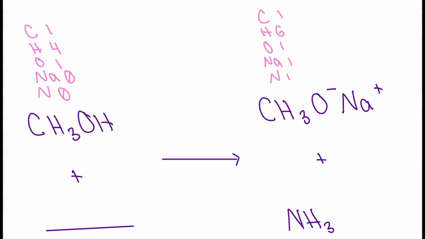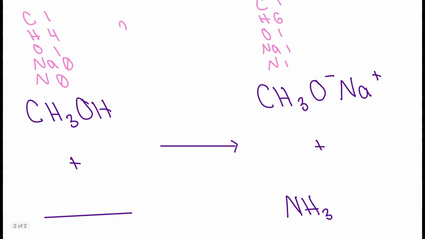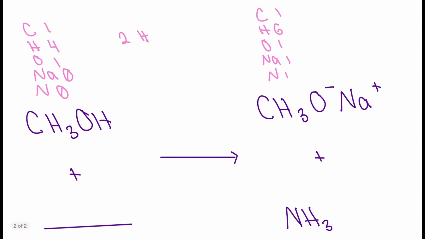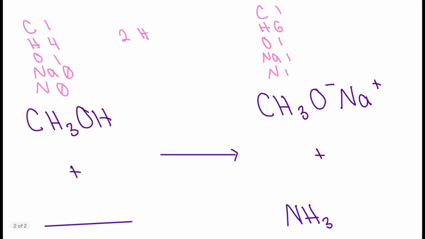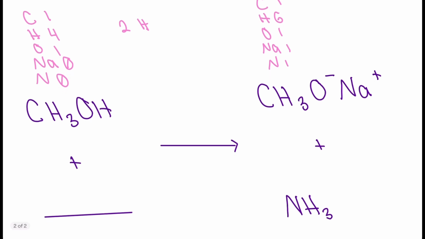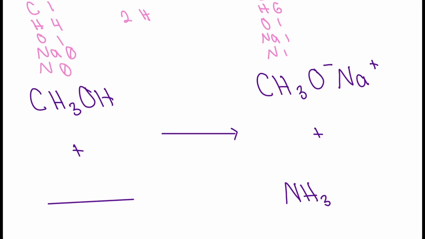We have 1 carbon on this side, 1 on this side, so that's fine. For hydrogens, we have 4 on this side and 6 on this side, so we're missing 2 hydrogens somewhere. We have 1 oxygen, that's good. We need a sodium over here and a nitrogen over here. So you'd have NaNH2.